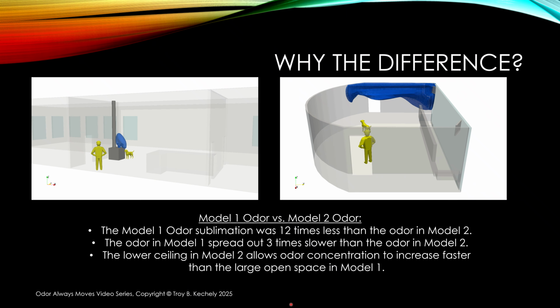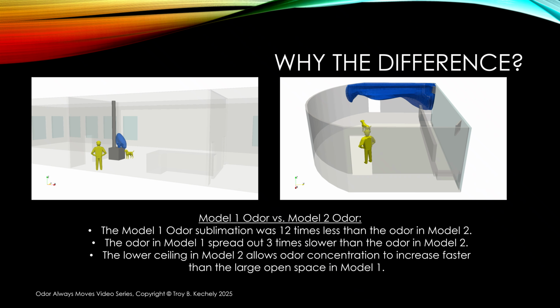Now, some may be wondering, wait a minute, why the big difference between Model 1 and Model 2? Well, here's why. In Model 1, the odor sublimation rate was 12 times less than the odor in Model 2. And that was based on the materials. They were different target materials.